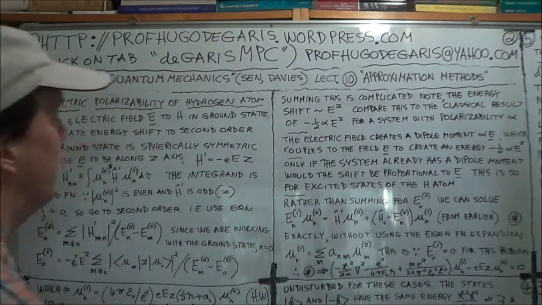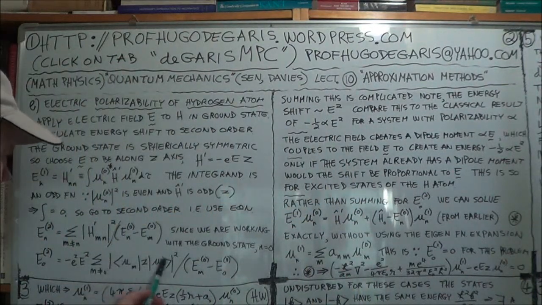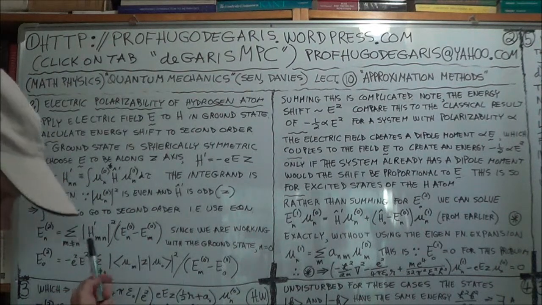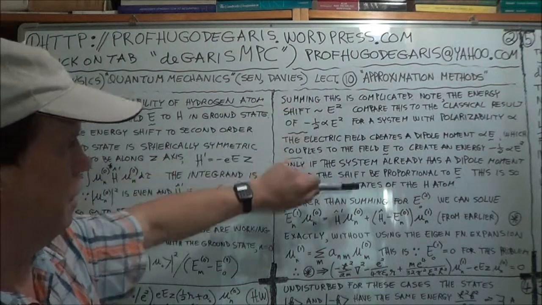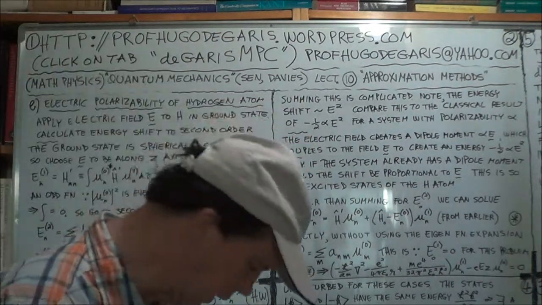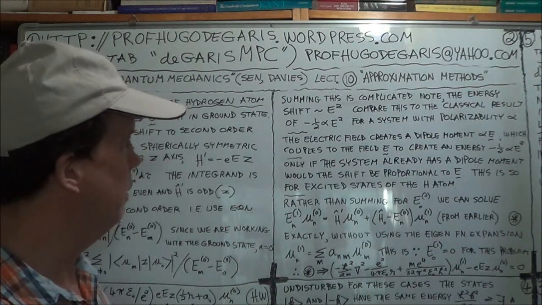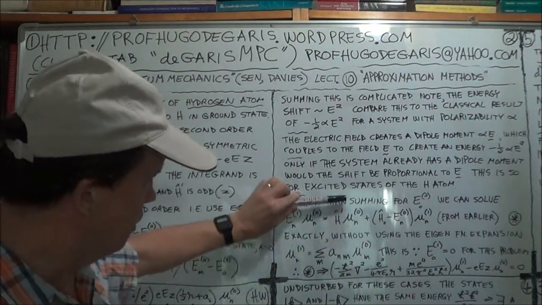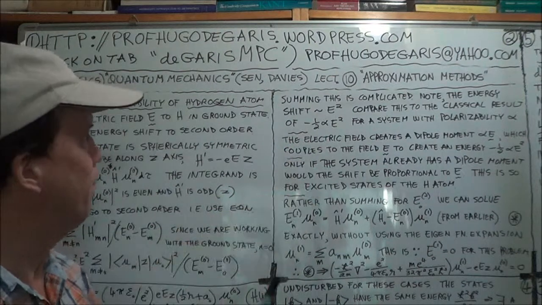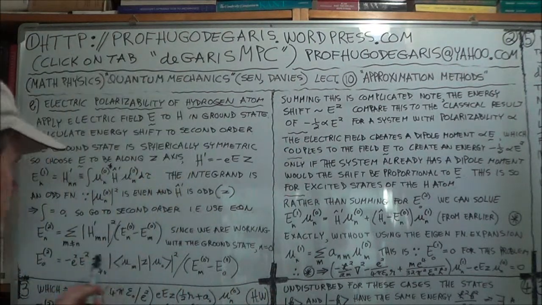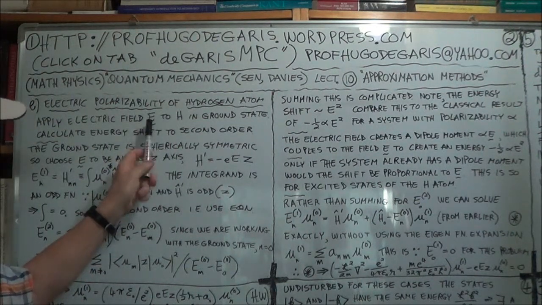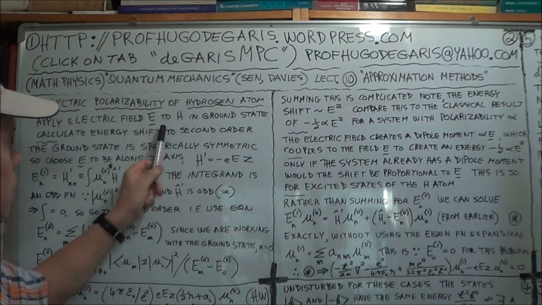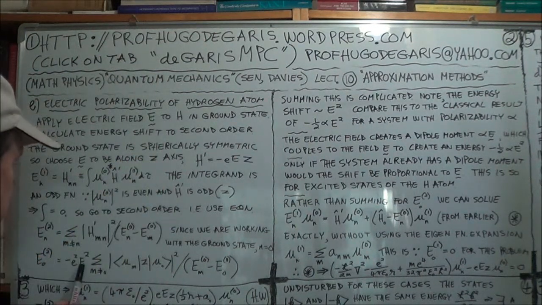Now summing this, it's a sum, so summing this is complicated, according to the text. And then there's a remark here analogous to classical mechanics, a bit of a footnote. So the real work continues from here onwards. But anyway, notice if you look at this formula, the shift in the energy is proportional to E squared, the big E, the electric field, the vector field that's applied.